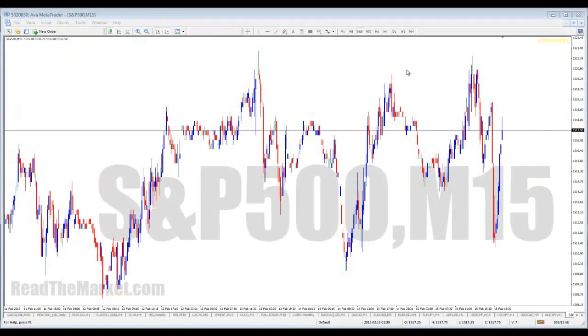So when you're doing your homework on caps on price, be they rally-based drops or drop-based rallies, simply look for as many as you can.